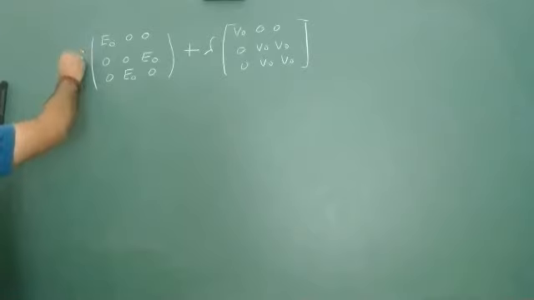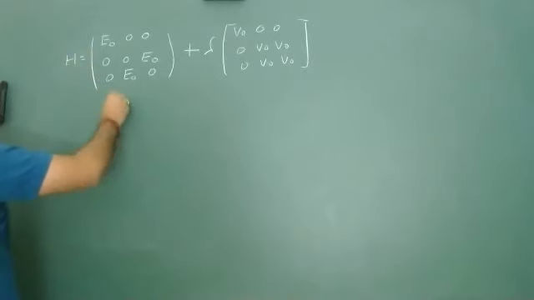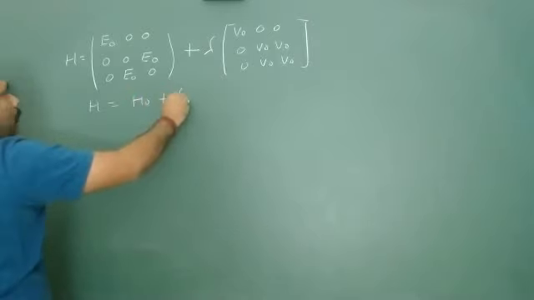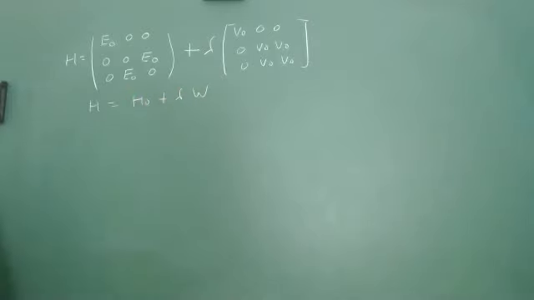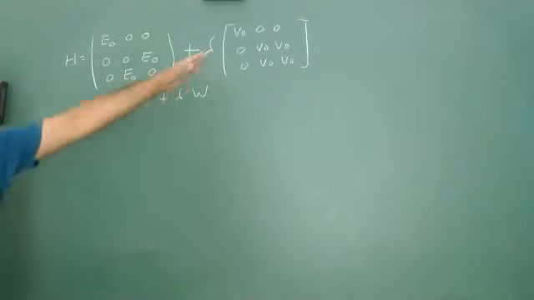Now this is the actual problem I am looking at. So this is your H matrix. Obviously, H is equal to H naught plus lambda W. So you can identify this is your H naught, this is your W matrix. And this is a really good problem.